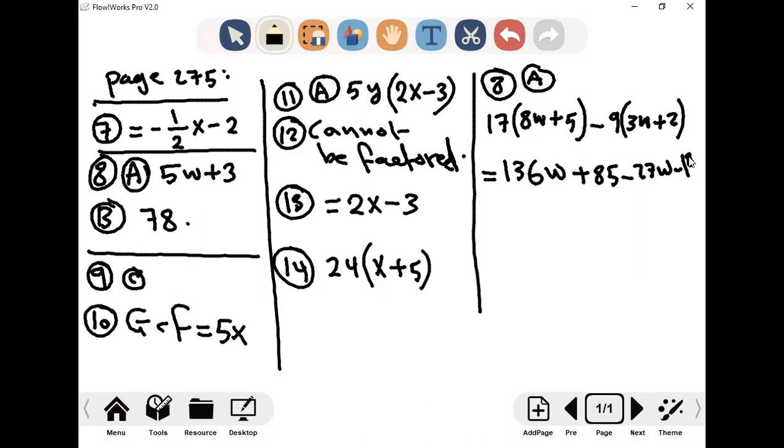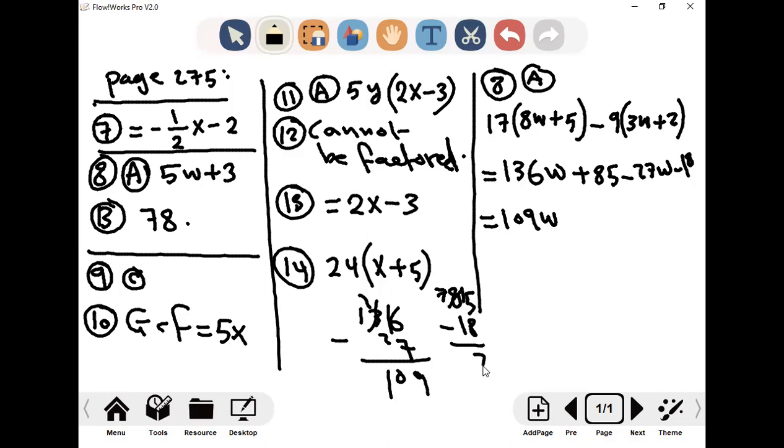So 136W minus 27W. Do it. 136 minus 27. Subtract. This is 109W. 85 minus 18. This is 67.